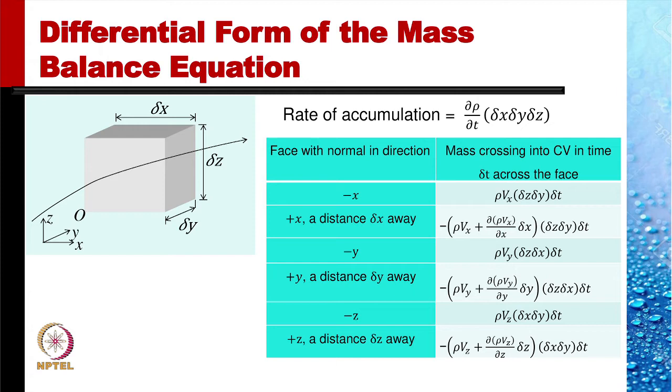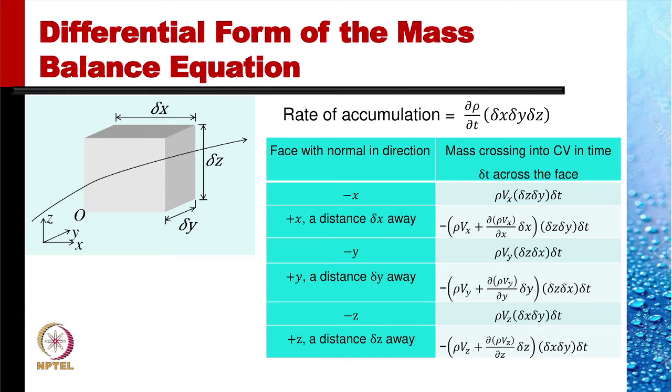Similarly, we write for the surface with normal in the minus y direction, in the plus y direction, in the minus z direction, and in the plus z direction to get these 6 expressions for influx and outflux.